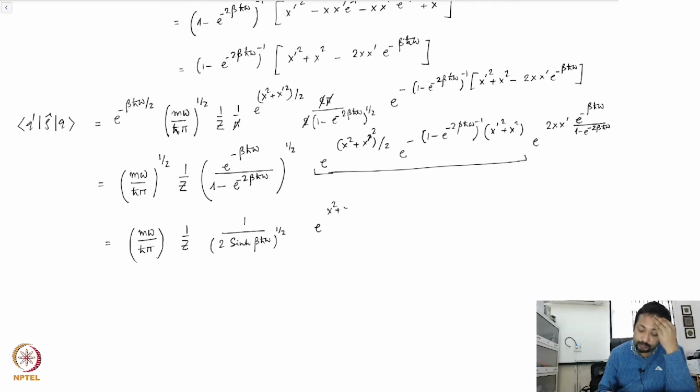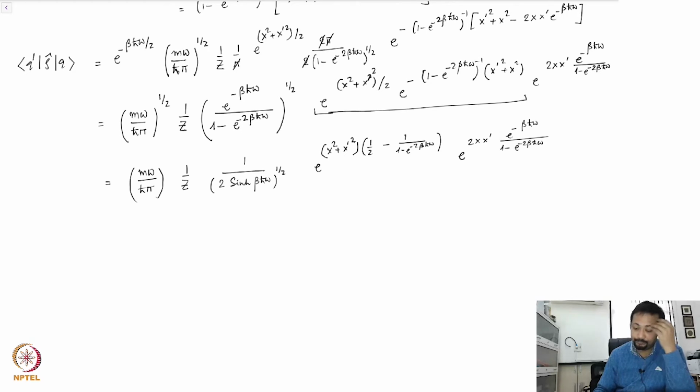x square plus x prime square times half minus 1 over (1 minus e to the power minus 2 beta h bar omega), and then I have 2x prime e to the power minus beta h bar omega over (1 minus e to the power minus 2 beta h bar omega).